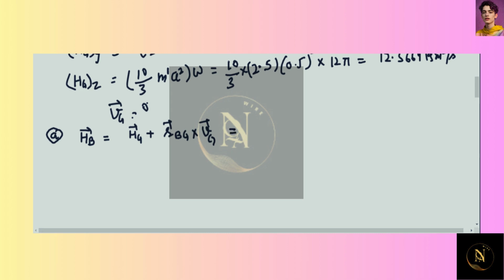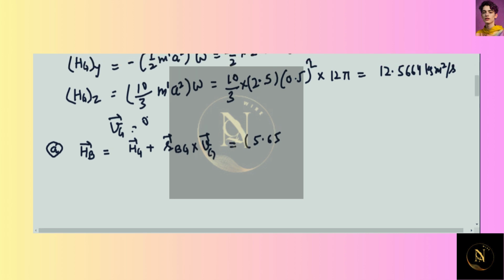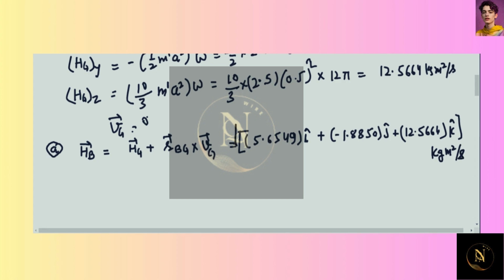So it would be 5.6549 i cap minus 1.8850 j cap plus 12.5664 k cap kg meter square per second. So this is the answer of part A.